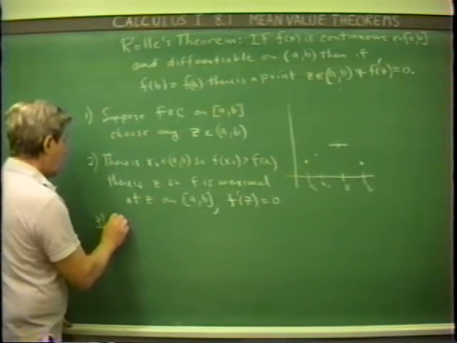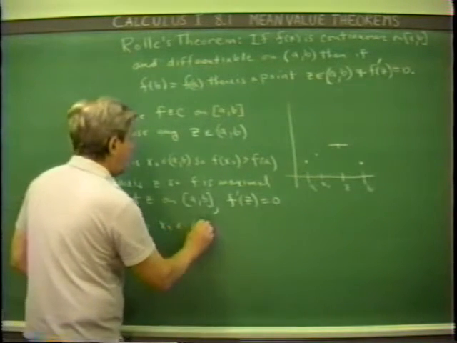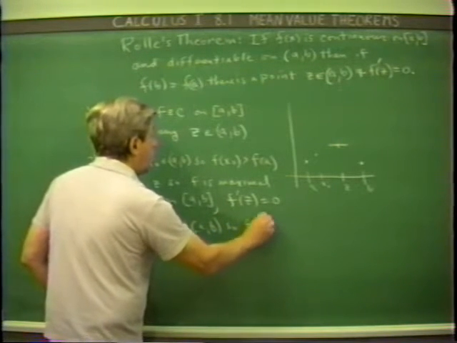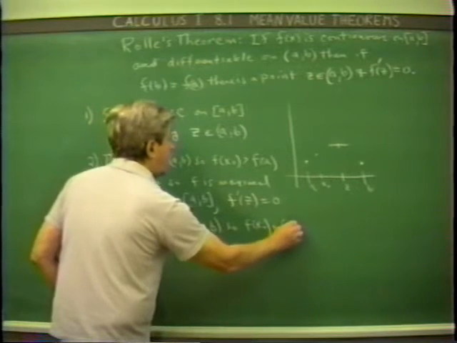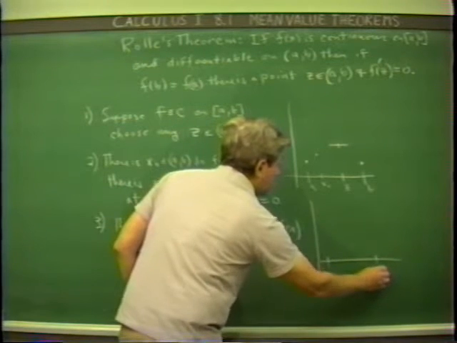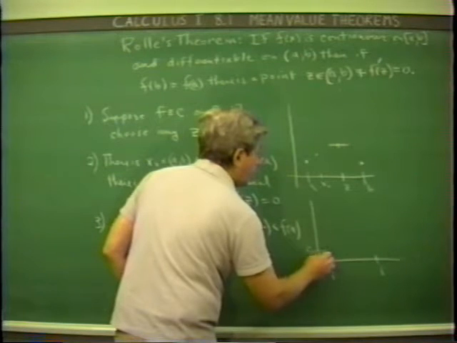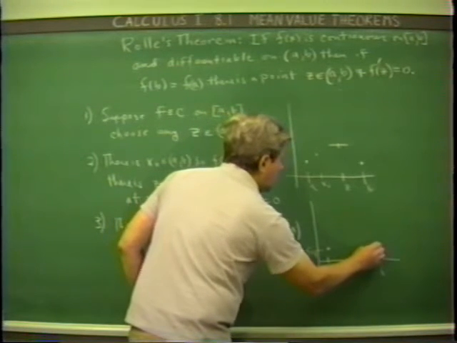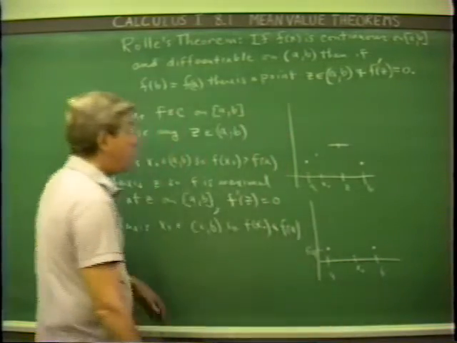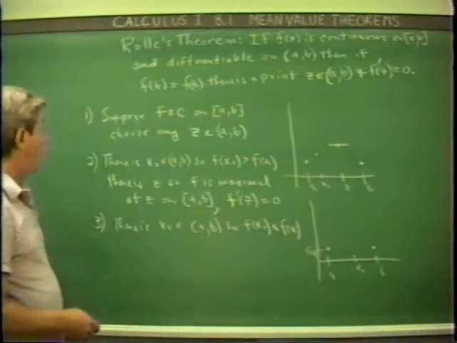Third case is this. If there is x naught in the open interval a to b, so that f of x naught is less than f of a. Picture like so. A, b, f of a, which is equal to f of b, and there's a point x naught here, so that the value of the function at x naught is less than it is at f of a.